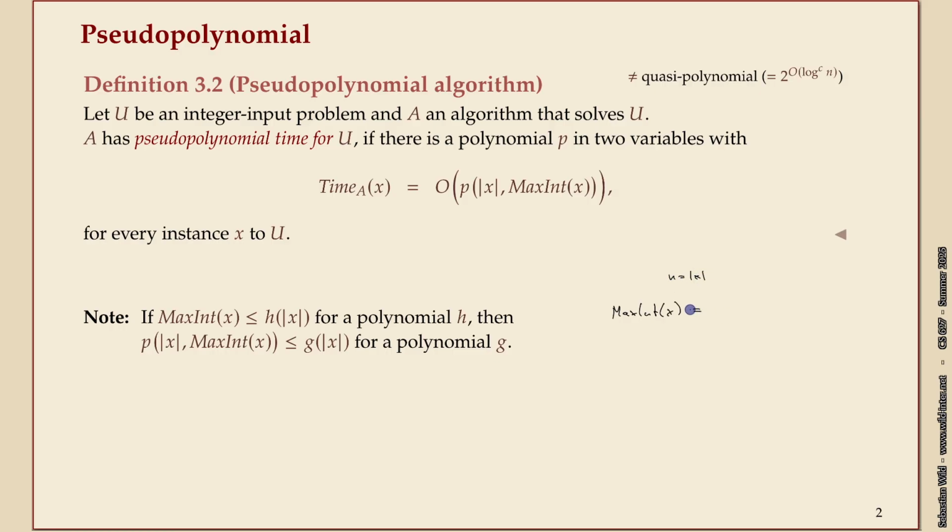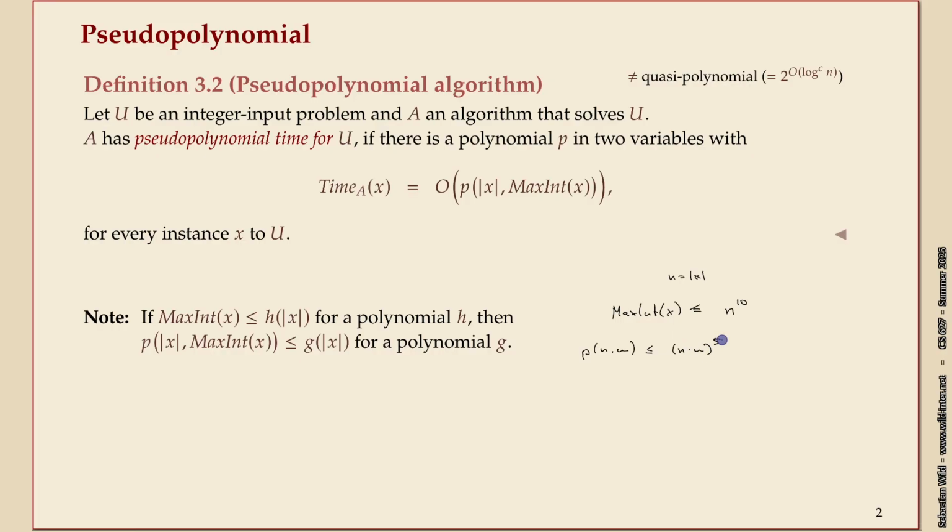Maybe this is less than n to the 10th, right? And then maybe this p, I guess, two variables, n and m, is less than n times m to the 5th.